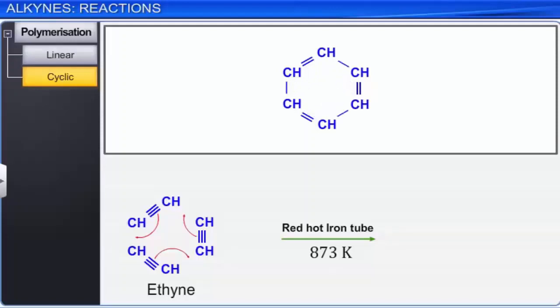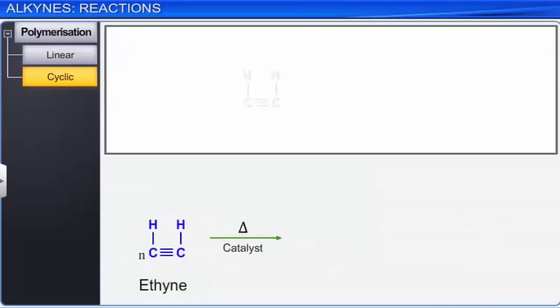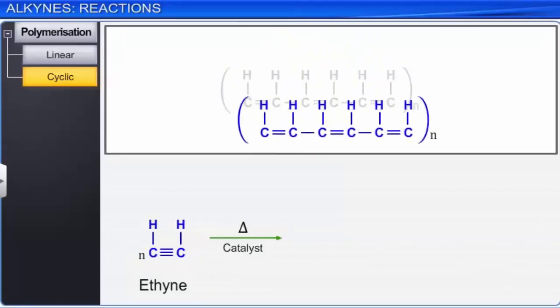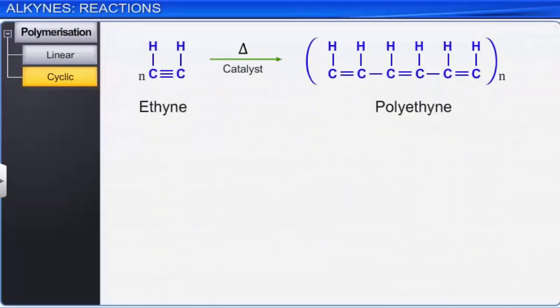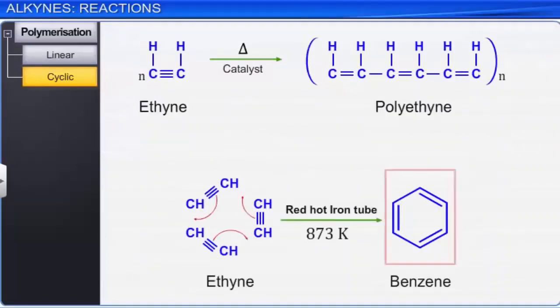Because of their polymerization abilities, alkynes combine to form many different compounds. For example, benzene obtained by the polymerization of acetylene is used for the preparation of dyes, drugs, and a large number of other organic compounds.